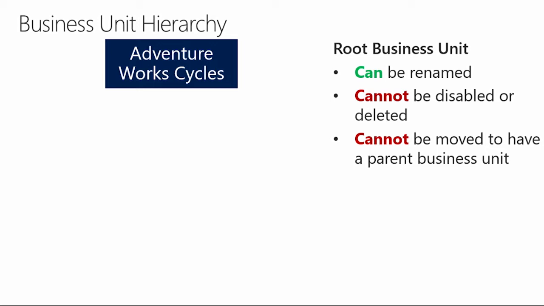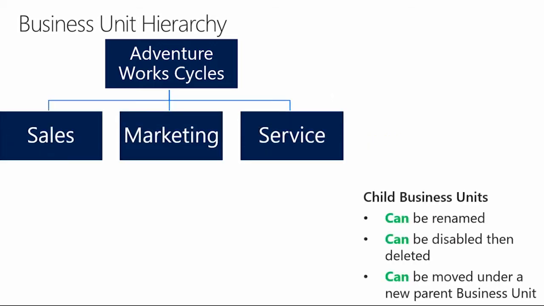From there, I can start creating child business units. This is a real good example of what you might see from a child business unit perspective. Now I've got different departments. I've got my sales department, I've got my marketing department, and then I've got my service department. But think of it as however your organization structure might be set up. It might be territories. You might have the Northern Territory, the Southern Territory, East and West.